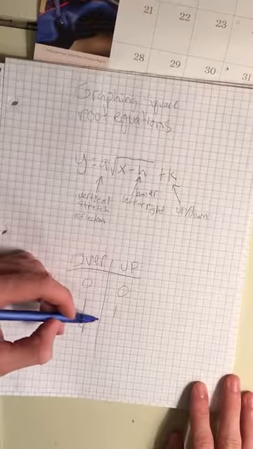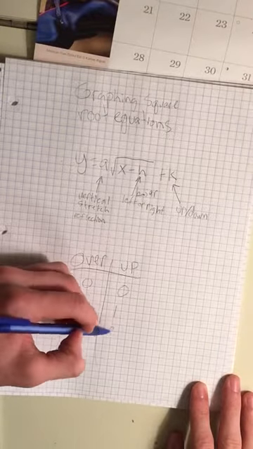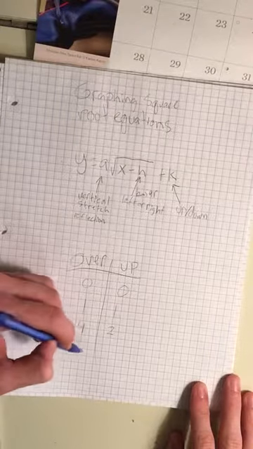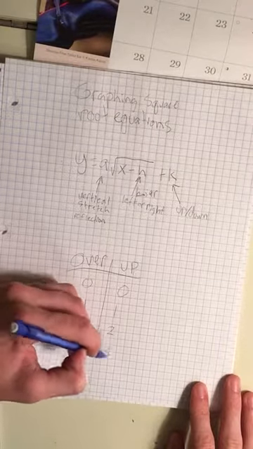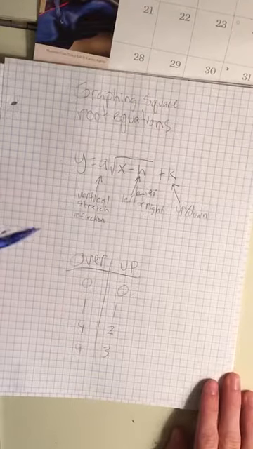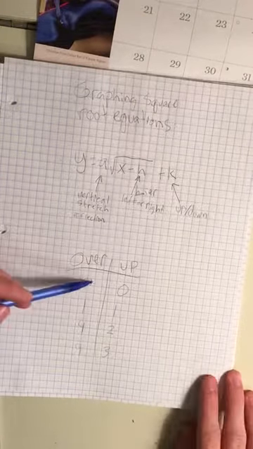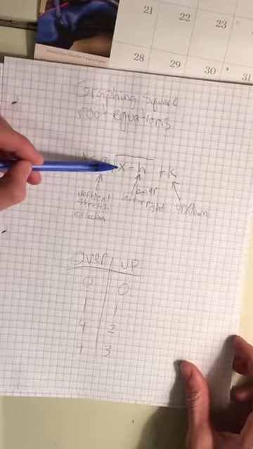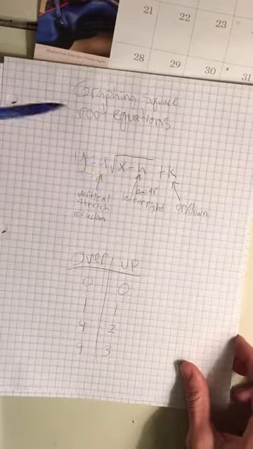So we'll put 4 there, and then 2 will go on this side because 2 is the square root of 4. The next one up would be 9 and 3. So that's going to give you your slope right there from your origin, or your vertex, which is determined by this equation right here.